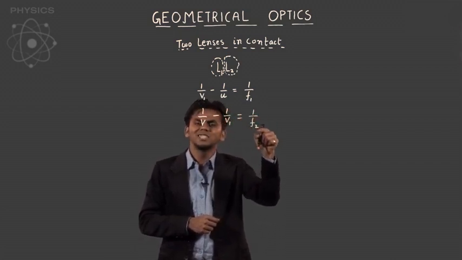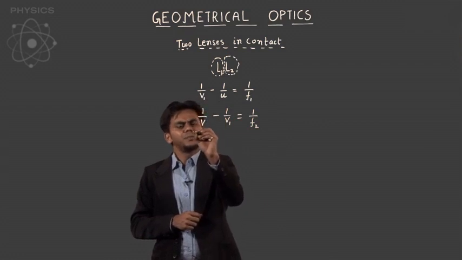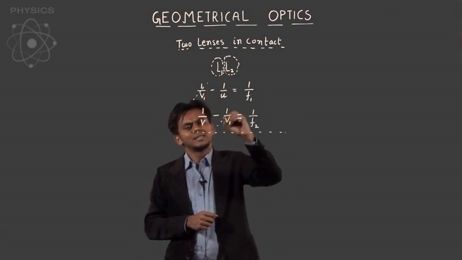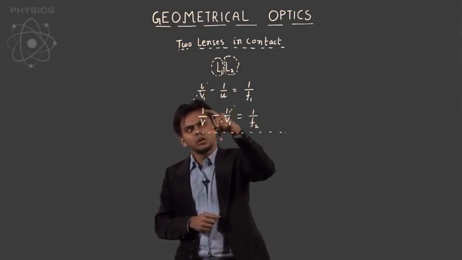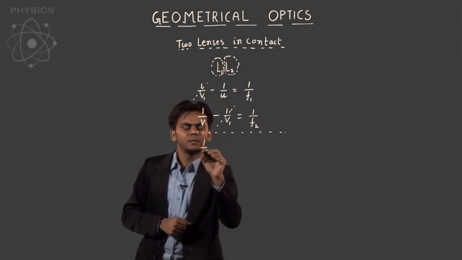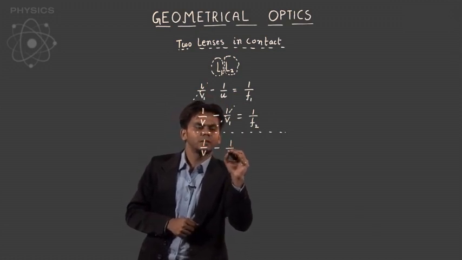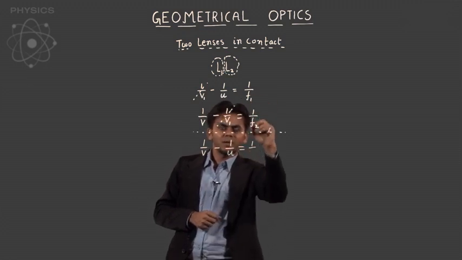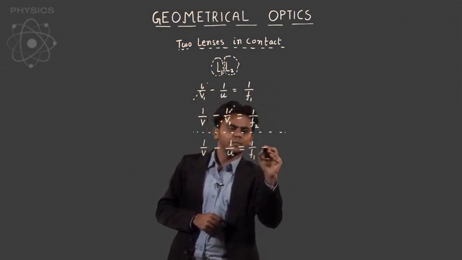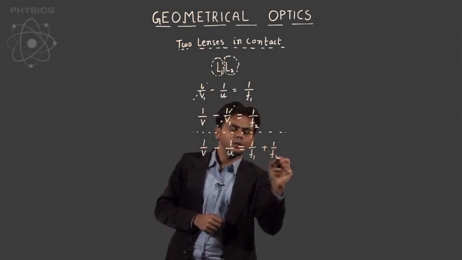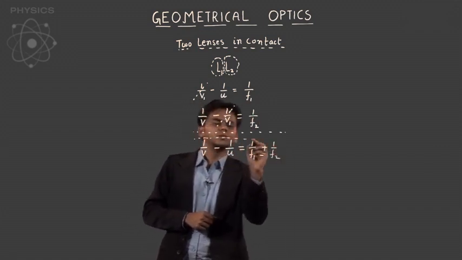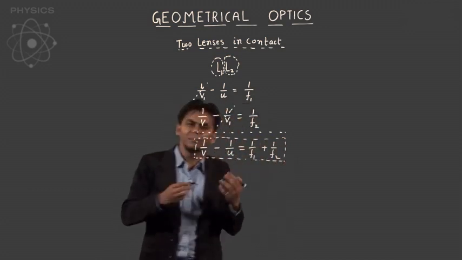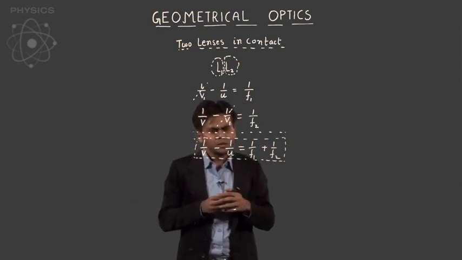This is the focal length of lens 2. If you add them up, the V1 terms would go away. So you'll be left with 1 by V minus 1 by U is equal to 1 by F1 plus 1 by F2. Now this essentially becomes the formula for a combination of lenses in contact with each other.